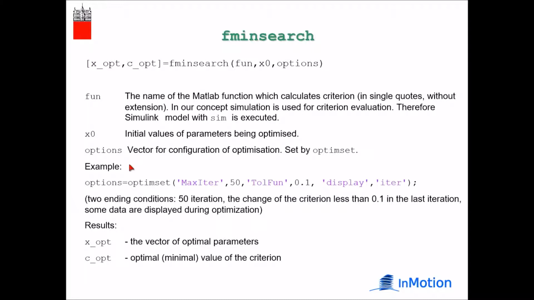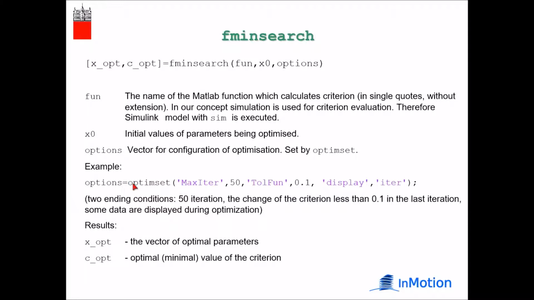And options. Options, this is the vector for configuration of optimization. It is set by optimset command. This is one example how we use optimset command.